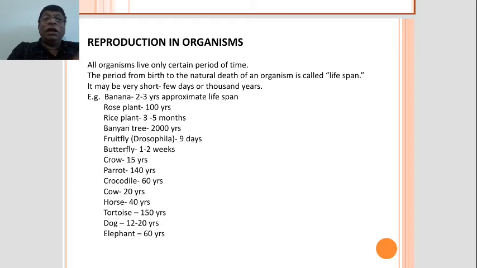But if you examine the lifespan of tortoise, it varies from 100 to 150 years.